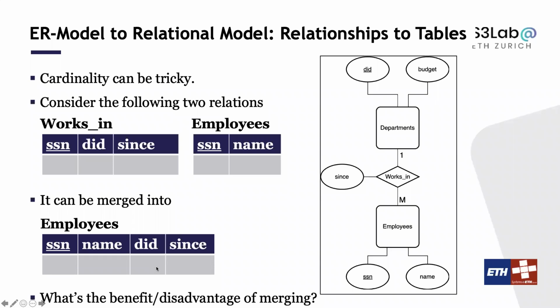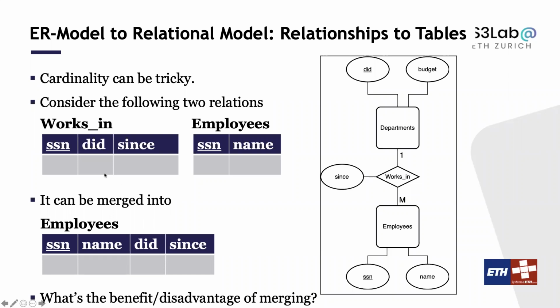If you have an employee who doesn't have a department, you are going to put a null value here, because then I don't know what department that employee works in. So if you model in the second way, and you have a lot of employees who do not have a department, you are going to have a lot of null values here, and potentially a larger relation because you have a lot of empty slots.